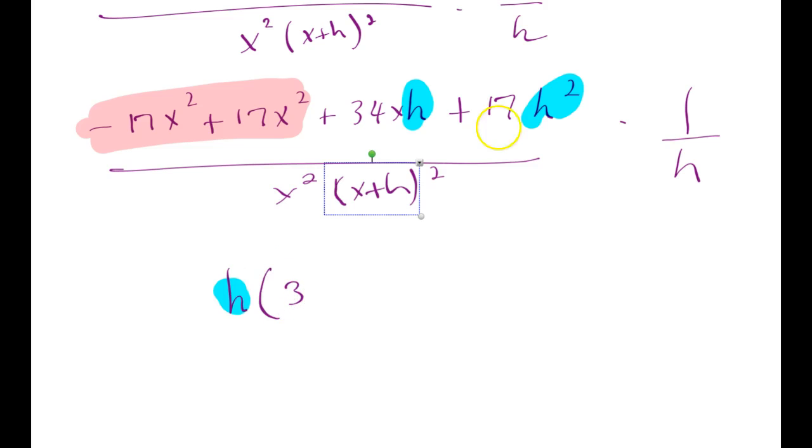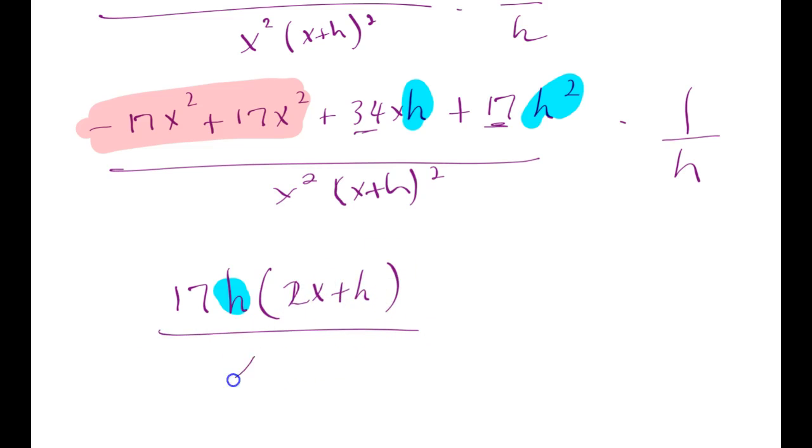Well, actually, can we pull out a 17 as well? That way, I won't be dealing with 34. I think I'll be down to another 17. No, how about a 2? 2x plus h. Ooh, that looks pretty good.